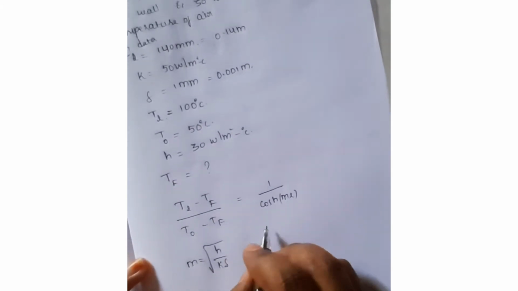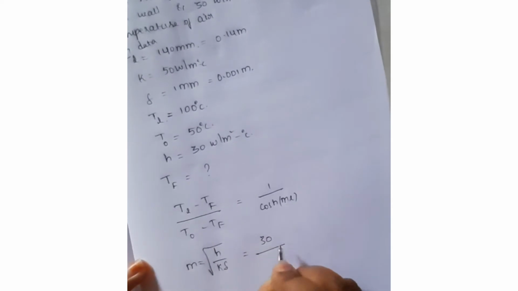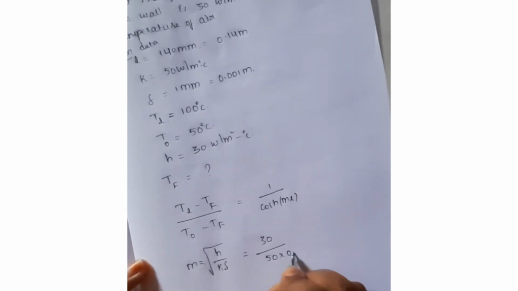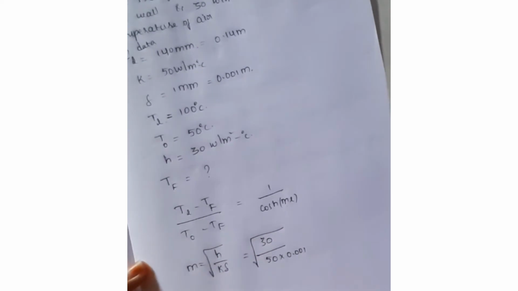Okay, substitute all values in m. We know that h is 30, thermal conductivity is 50, and thickness is 0.001. Finally, m equal to 24.5. Now ml equal to 24.5 into length 0.14, that is equal to, by solving, 3.43.